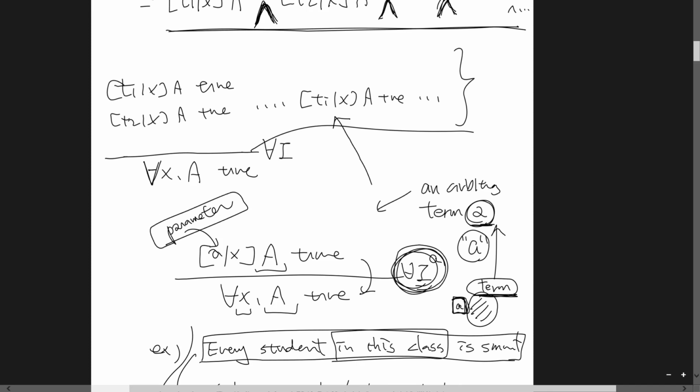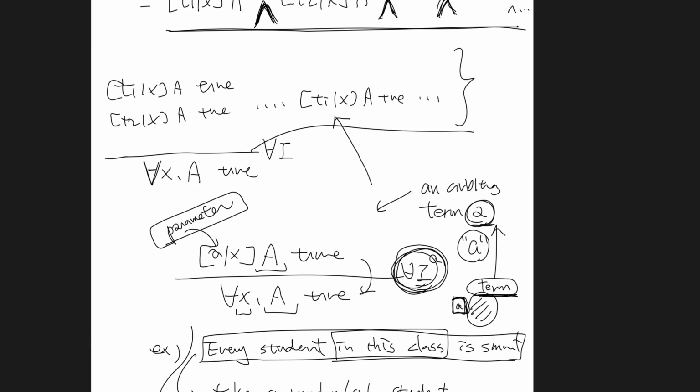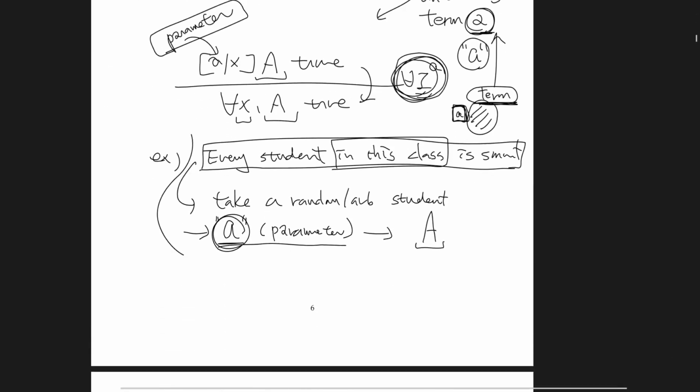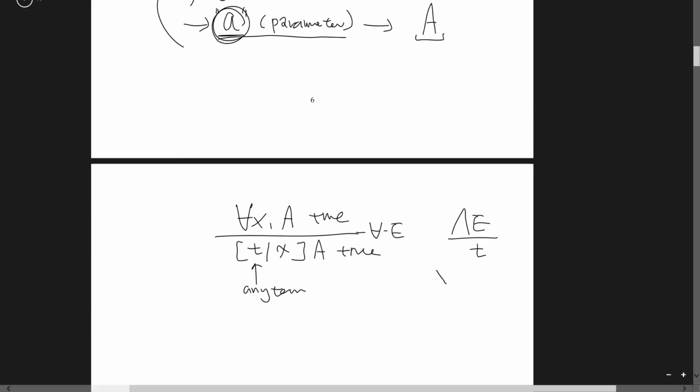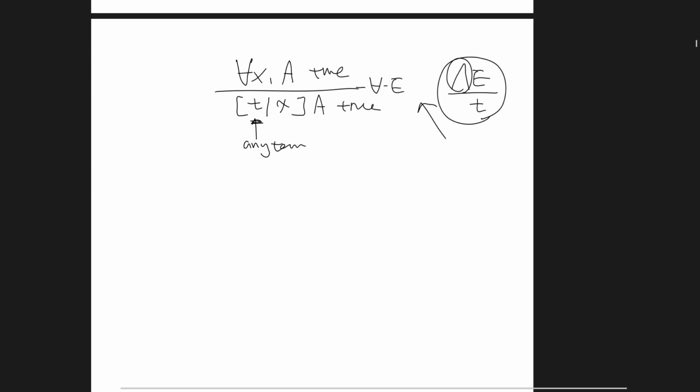A parameter is an arbitrary term that we know nothing about, that we can make no assumption about. And the elimination rule is just a simple case of the elimination rule for conjunction: you can substitute any term. So that's conjunction, and now let's discuss disjunction.